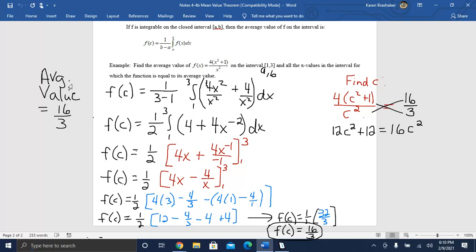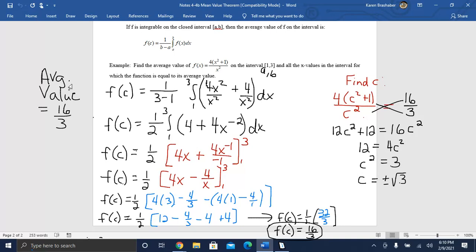And then the c squared times the 16. Hopefully now you can see you want to subtract 12c squared from both sides. So 12 would equal 4c squared. Dividing by 4, we would get c squared equals 3. We'll do the square root of each side, and c will equal plus or minus the square root of 3.